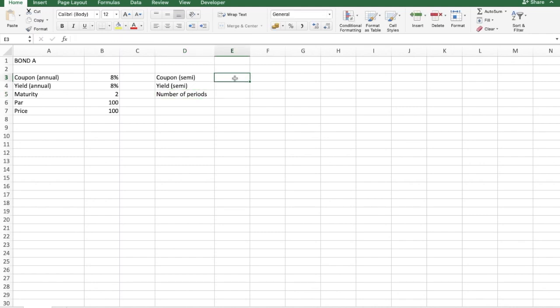For the coupon rate, it will be equal to the annual coupon rate divided by 2. For the semi-annual yield rate, it will be equal to the annual yield rate divided also by 2. While for the number of periods, it will be equal to the maturity times 2.